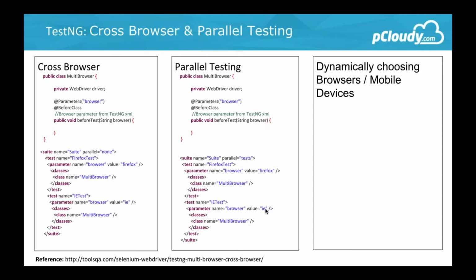Or maybe we are using some cloud providers. In that case, how many browser versions or mobile devices are available that I need to execute. So I cannot write them in the testng.xml.